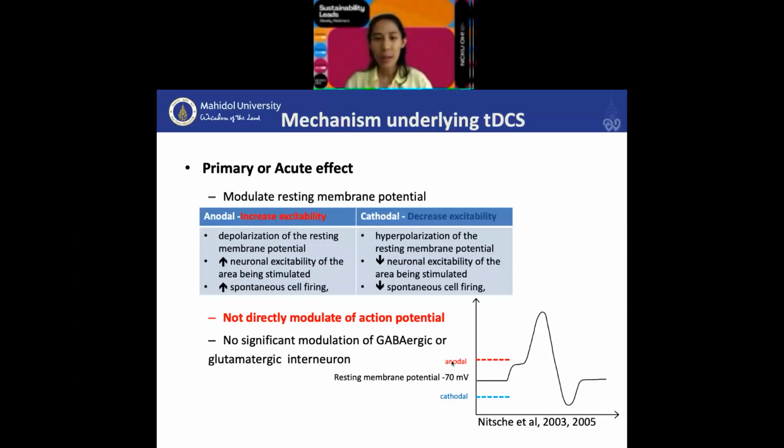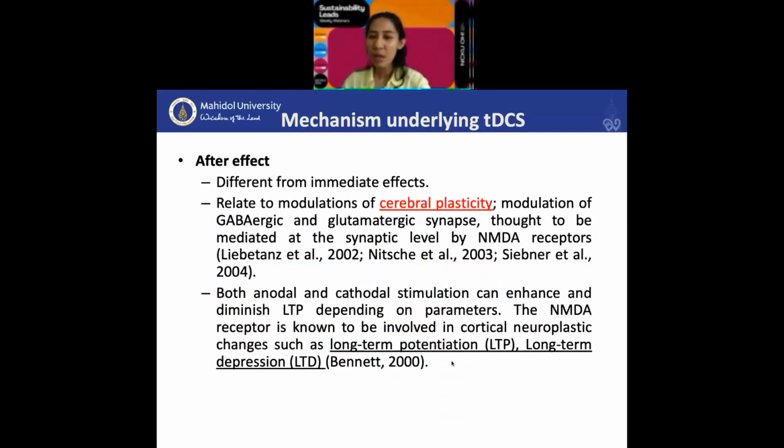But the GABAergic and glutamatergic synapses are involved in the after effect, so you need to be careful about medications that impact GABA and glutamatergic systems, because these can affect tDCS effectiveness.